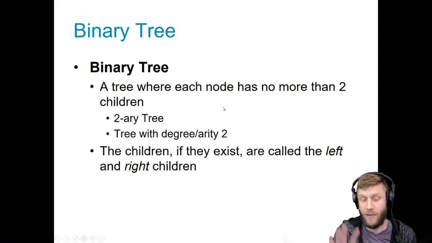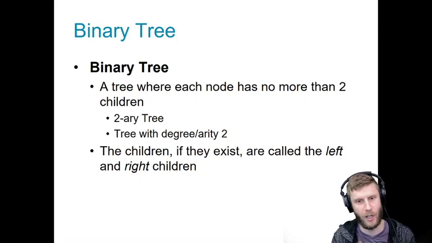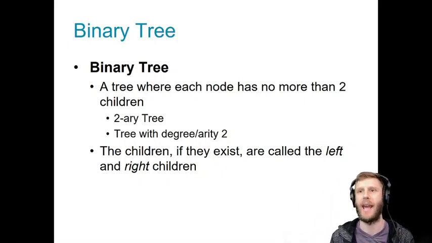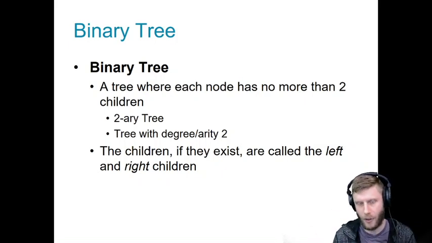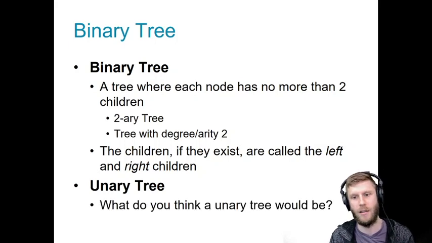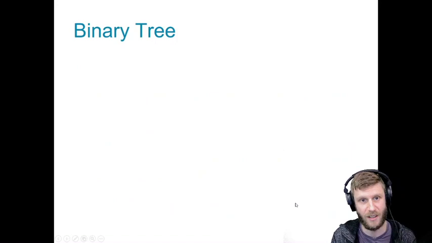The children, if they exist, are almost always called left and right in a binary tree, so the direction matters. And in a unary tree, well, we talked about that yesterday, that's basically just a list.